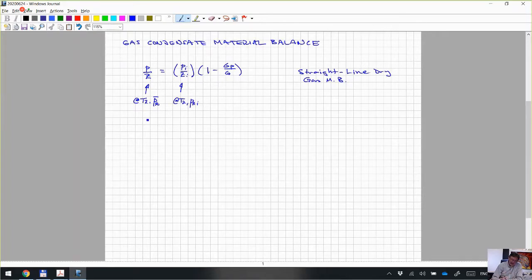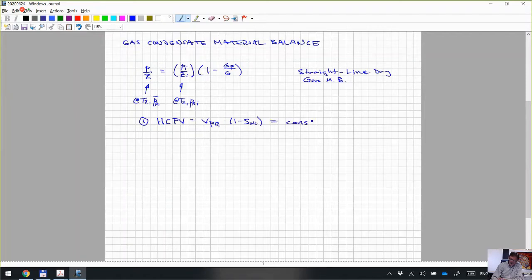This equation is based on two assumptions. Assumption one is that the hydrocarbon pore volume, which is just the pore volume of the reservoir times the initial water saturation, never changes.